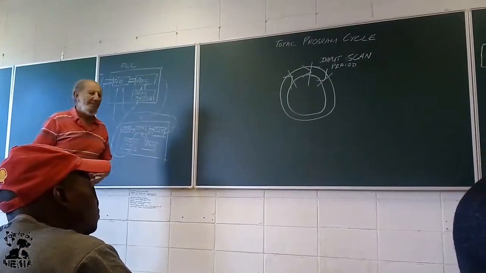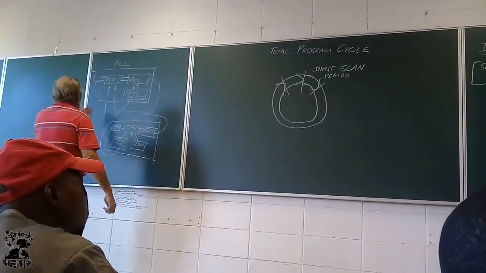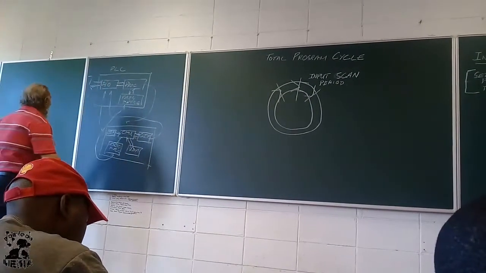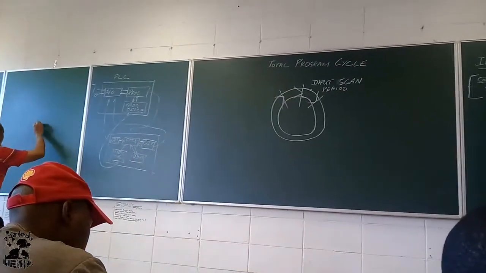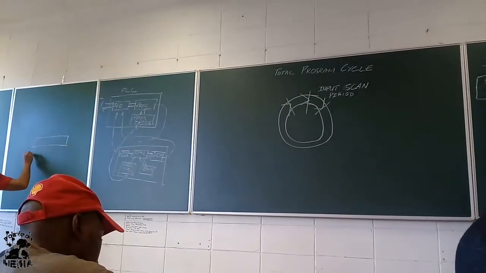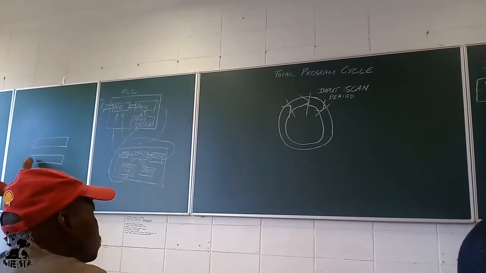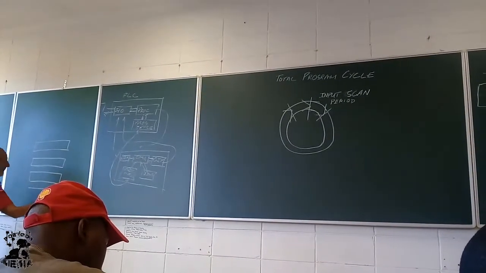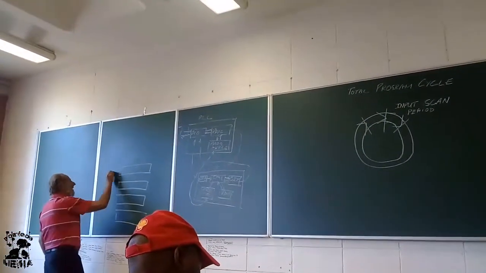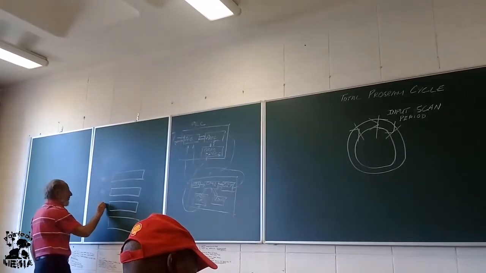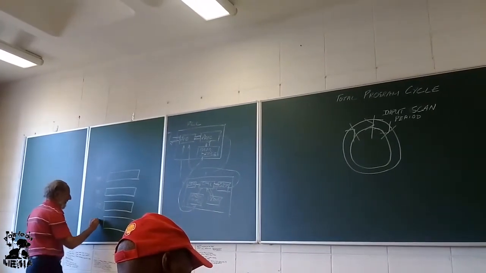How does it happen? Now, here in the input-output section, I told you we've got the 4 racks: 0 0 0, 0 0 1, 0 0 2, 0 0 3.